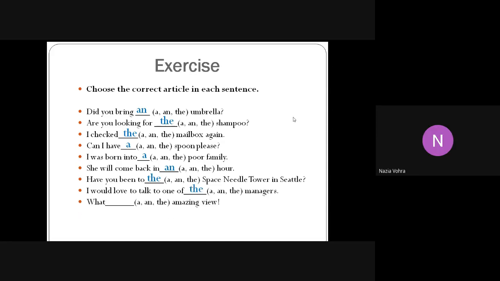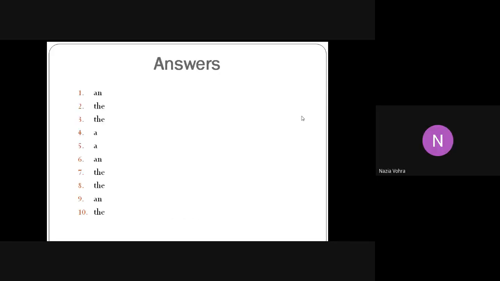What an amazing view. Perfect. The helicopter landed on the roof of a building. Perfect. You want to check your answers again, maybe?